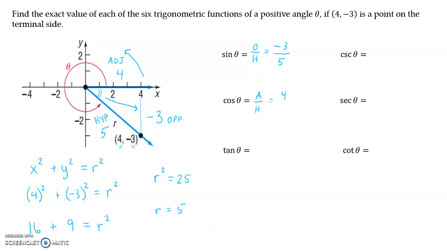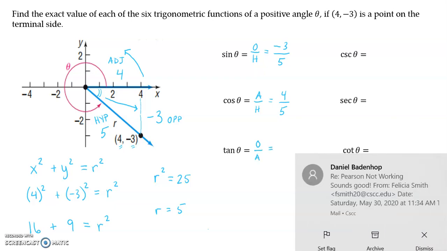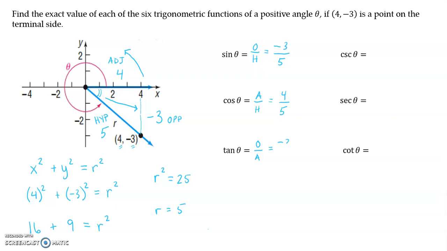Our adjacent side was 4, and our hypotenuse had a length of 5. For tangent, we have our opposite side over the adjacent side, which is going to give us -3/4.